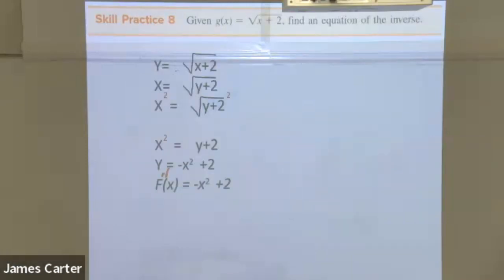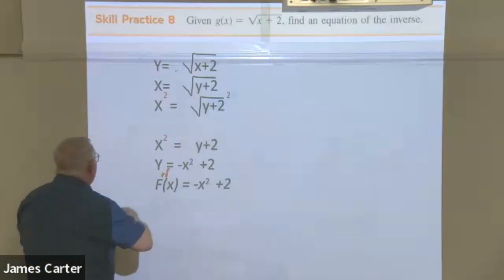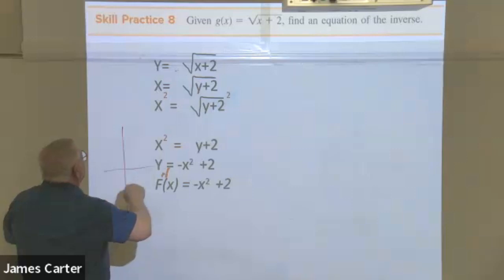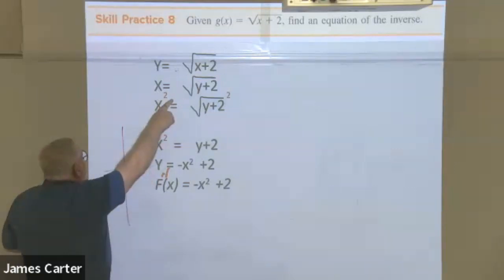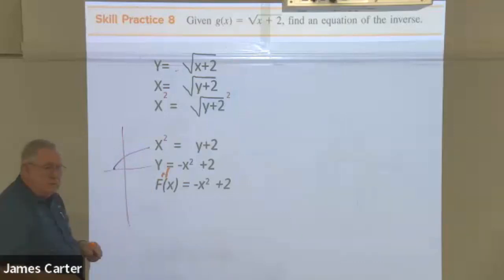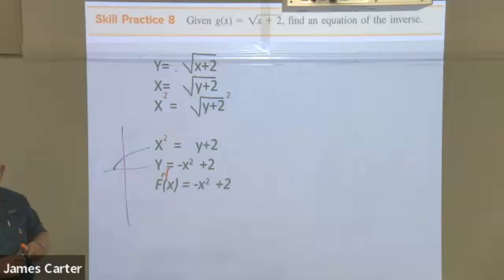Okay, here's another one. This time, we're still talking about a graph to start with. Graph paper. We're talking about a graph that's going to start this way and go up that way. That's what that original equation is going to look like.